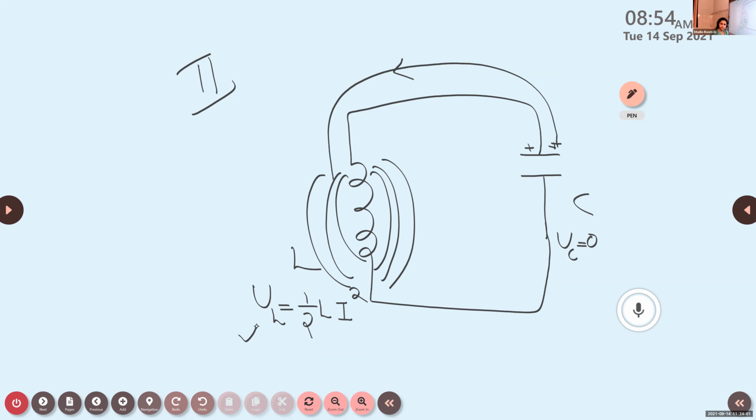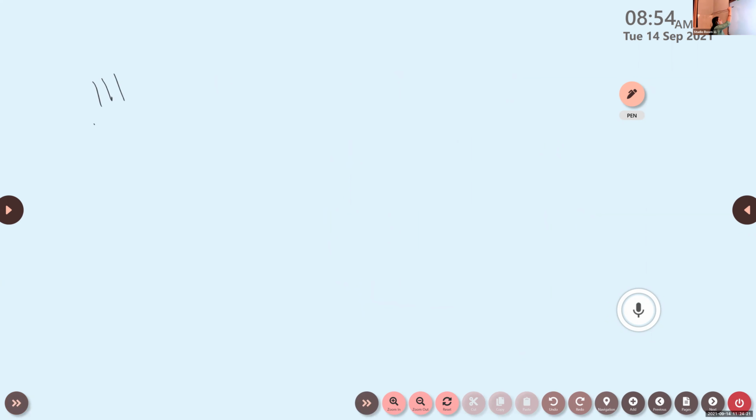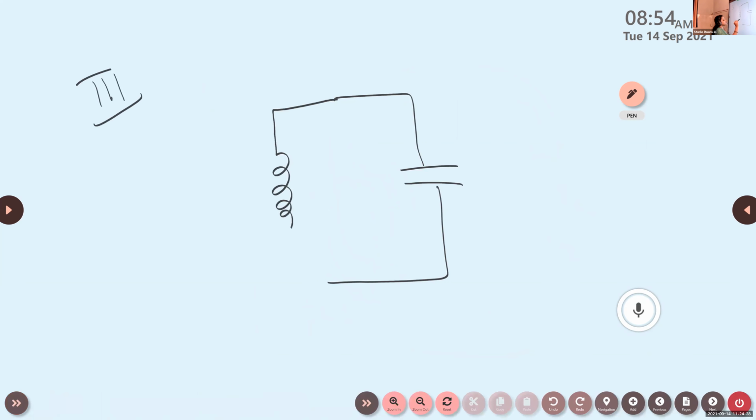Then in the third case, what actually happens? Whenever the inductor attains a maximum energy level, it starts to collapse. Then the energy from the inductor starts to move again into the capacitor. So in the third case, sorry, not the capacitor, the inductor starts to collapse.